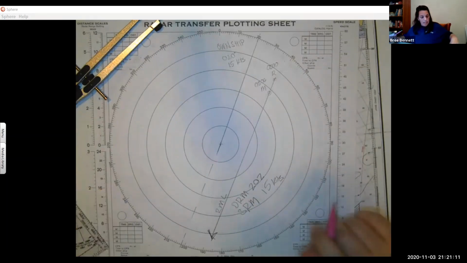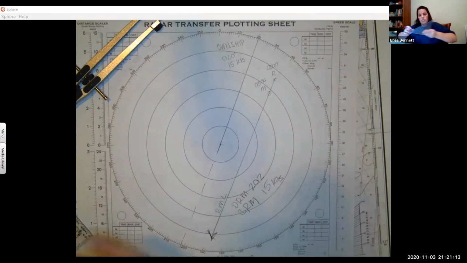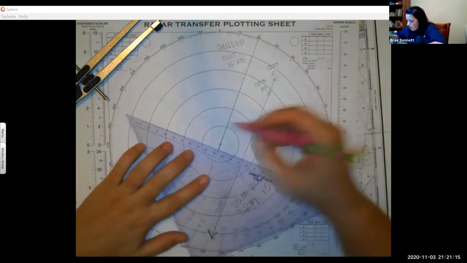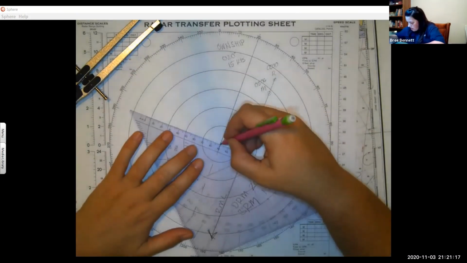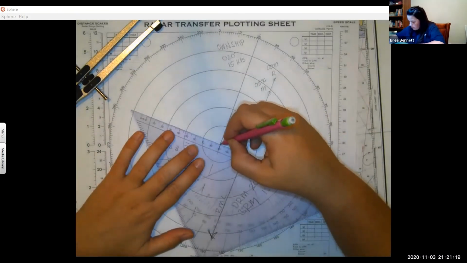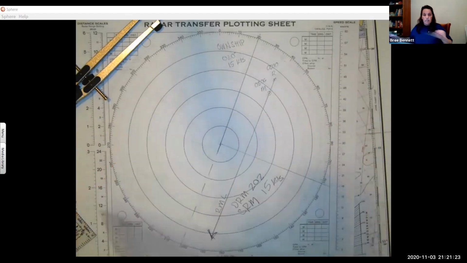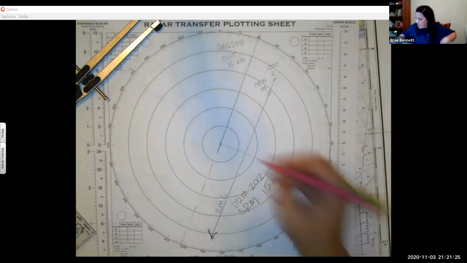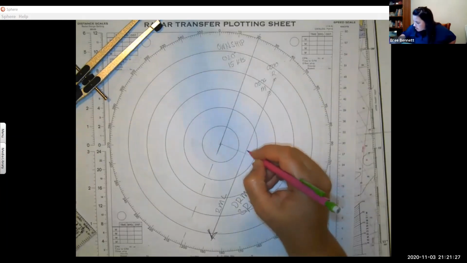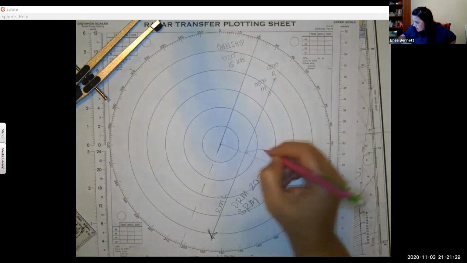For my CPA, I see a right angle to my relative motion line. This is my CPA.